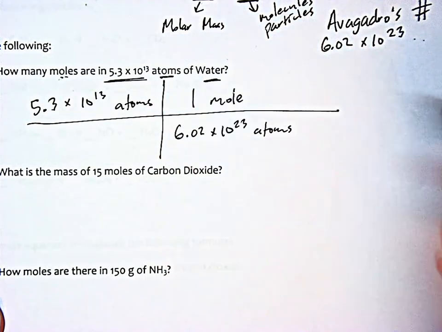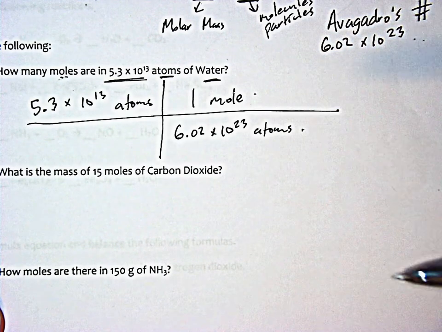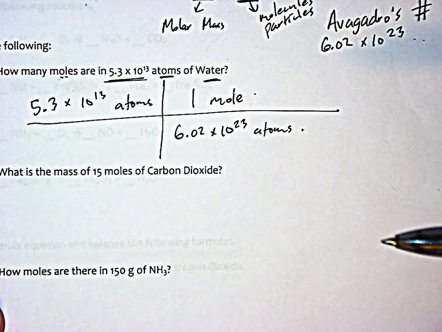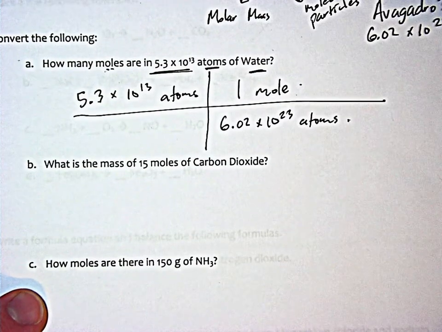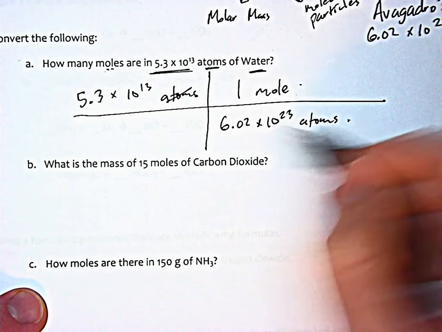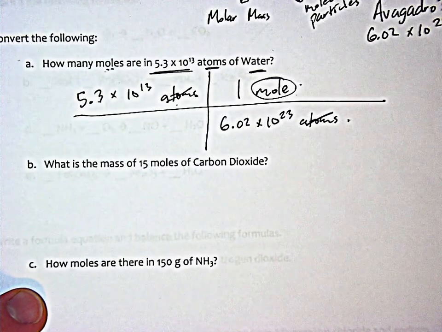Here I have water, so even in 1 mole of water, I'm still going to have this many atoms. Now I can cancel out units: atoms cancel, because one's on top and one's on the bottom, and that leaves me with my units of moles.